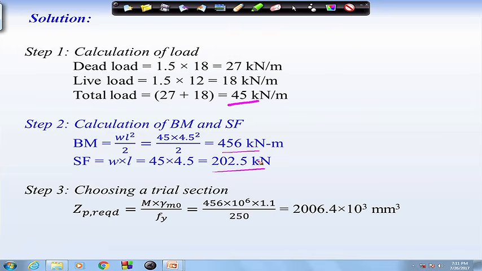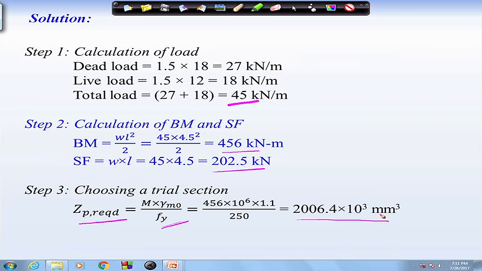Then we have to choose a trial section. For that we can find out the plastic section modulus required, which is M by fy by gamma m0, and from that we find ZP required as 2006 into 10 cube millimeter cube.